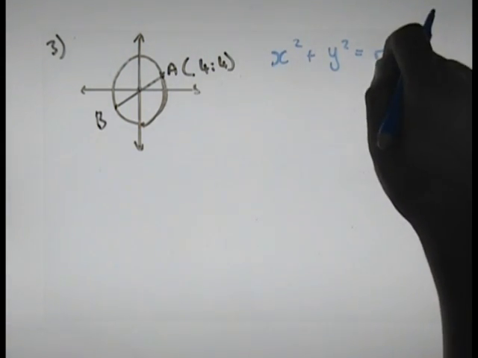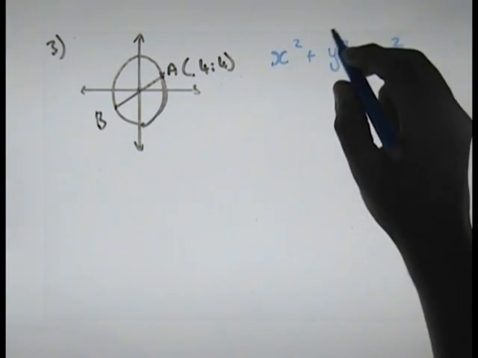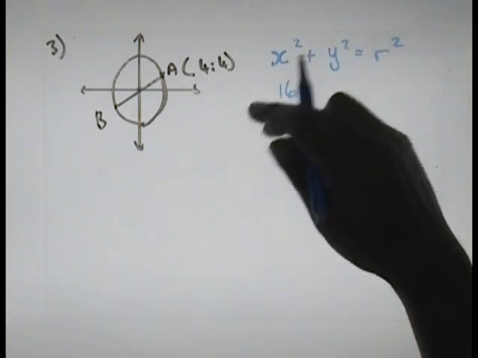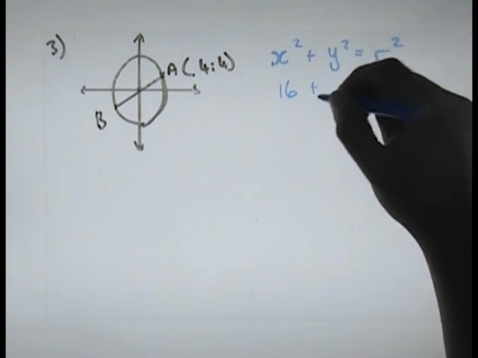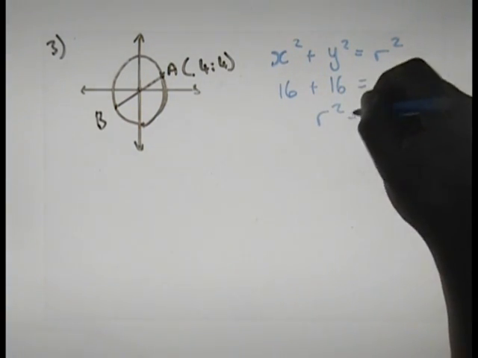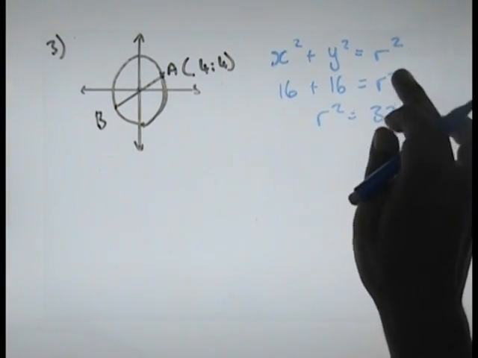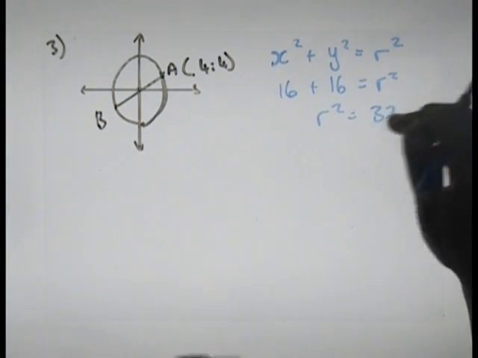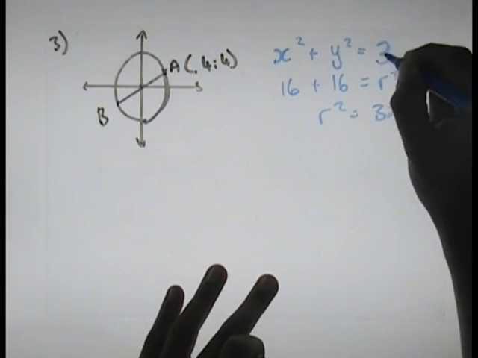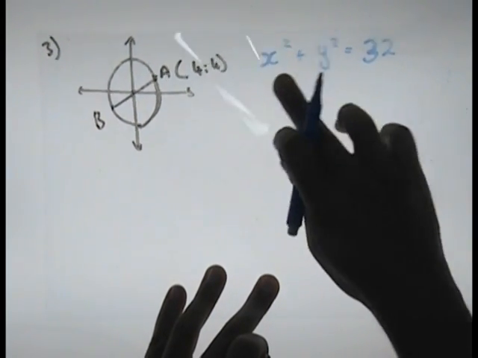This is fine except we don't have r. Substitute that point in to get r squared. 4 squared is 16 plus 4 squared is 16 is equal to r squared. That means that r squared is equal to 32. So x squared plus y squared is equal to 32, and that is the equation of our circle.